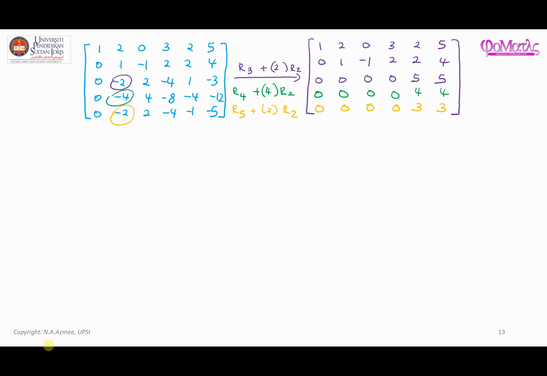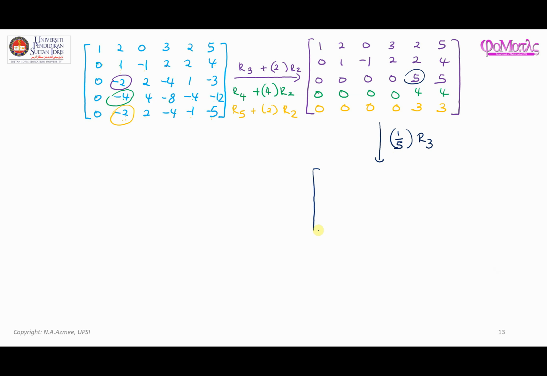Now, the next step that I can do is, of course, to consider changing this to be equal to 1. So here I shall have 1 over 5 times the third row.